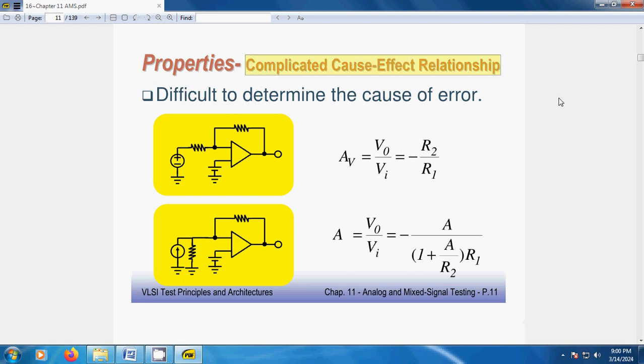Similarly, for the same circuit, if you have a current source, you have a different set of equations. In such a scenario, it is very difficult for the designer to arrive at the cause of the fault.